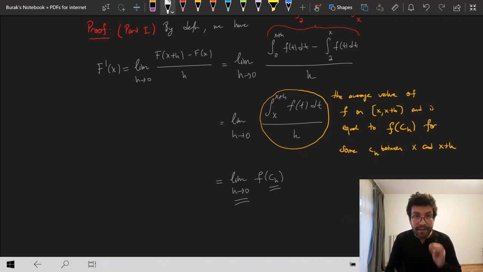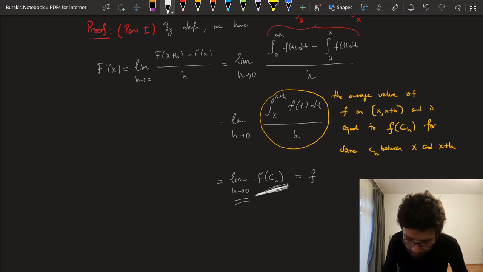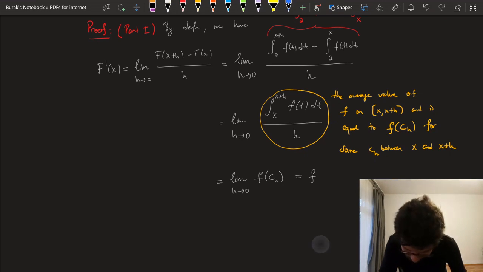Okay? And this is a continuous function. If these numbers are approaching x, and I'm taking the limit of the values of this function at these points, then by continuity, this should be f of the limit of these c of h's. Okay, because f is continuous, I can just put the limit inside like this.